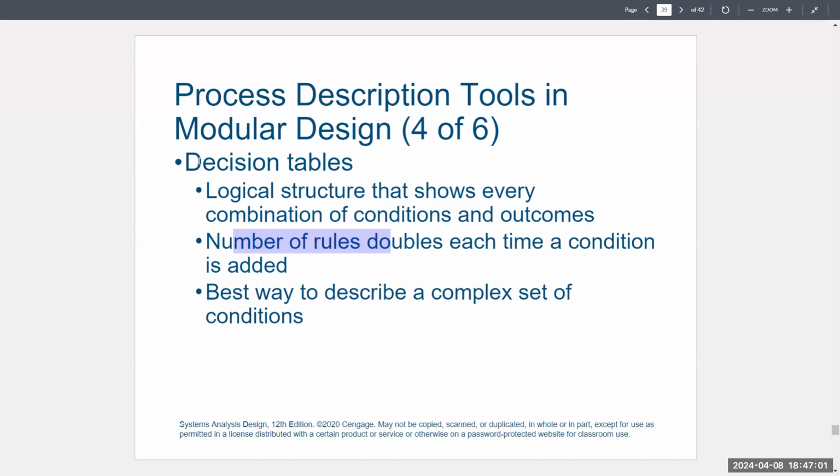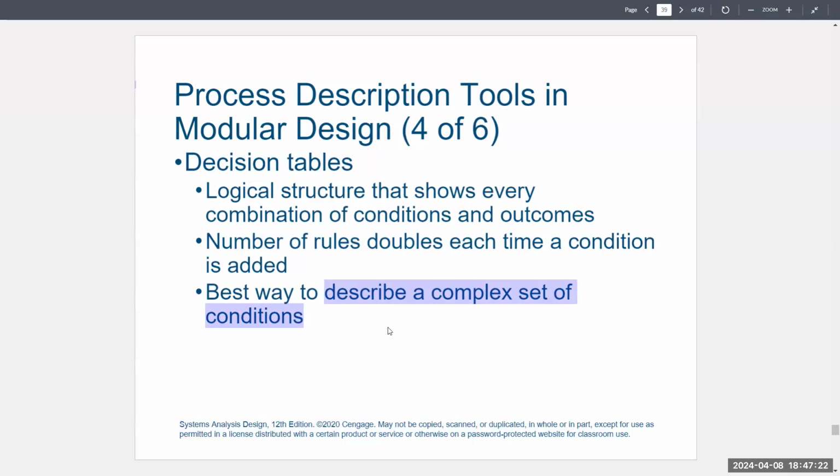So the key thing with the decision table is it's the best way to describe a complex set of conditions. Think about representing the business logic related to insurance, vehicle insurance. You probably have purchased vehicle insurance.